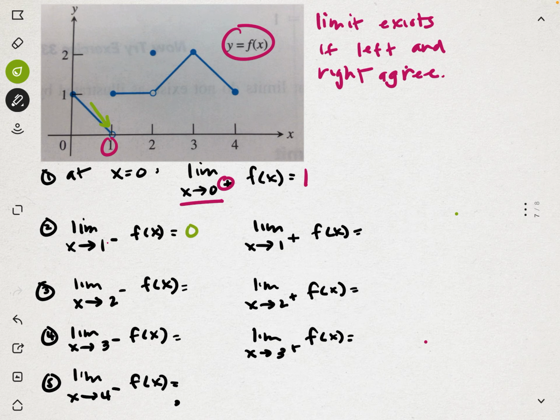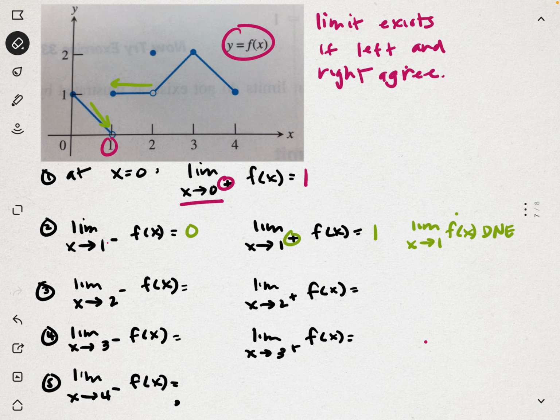Now from the right-hand side, the positive side, as we go towards 1, that's the graph of the top one. So that's approaching 1. So the overall limit as x approaches 1 does not exist, right? Because on one side we're approaching 0, the other side we're approaching 1. Therefore, overall, our limit does not exist.